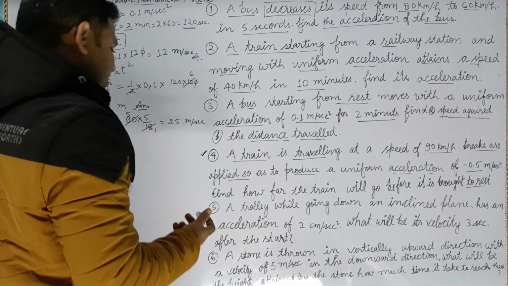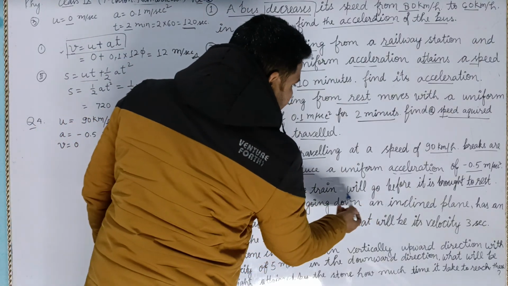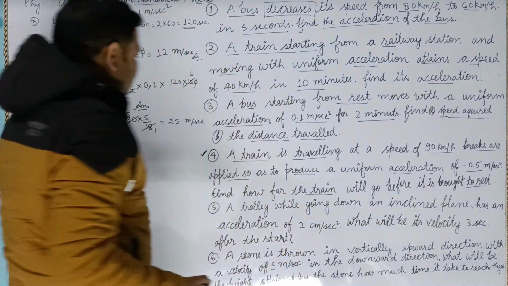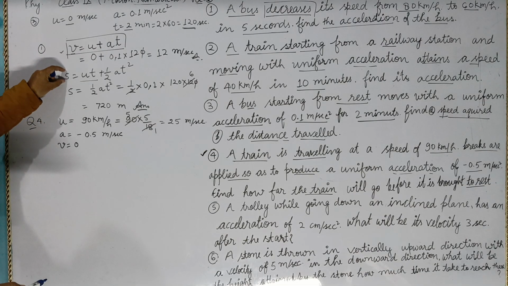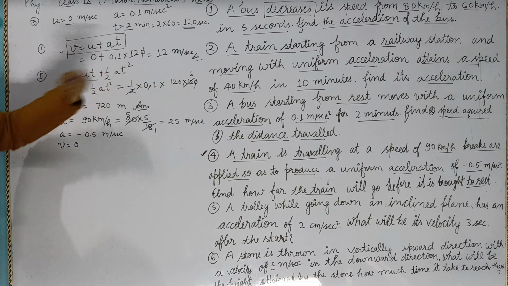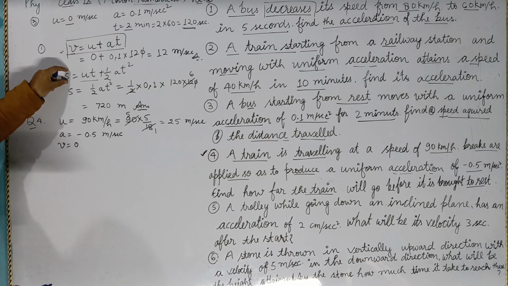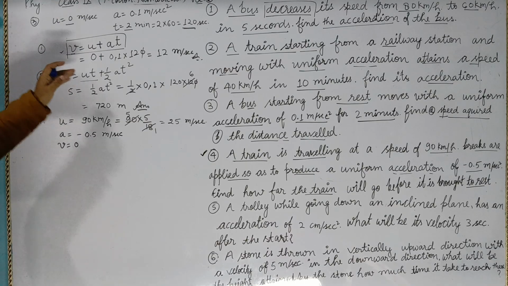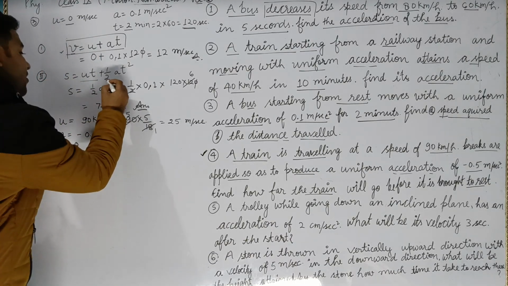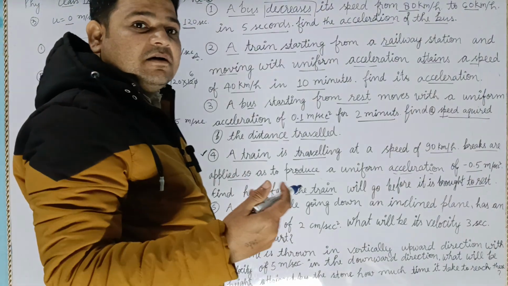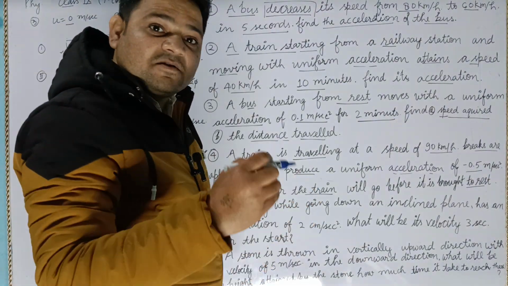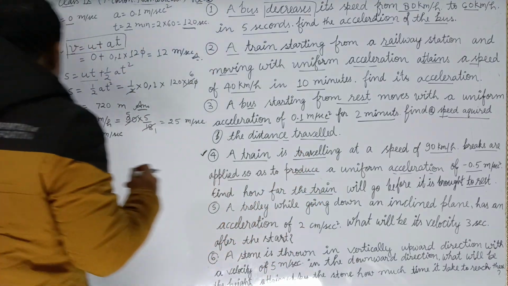Find how far the train will go before it stops. We have to find the distance covered by the train. S equal to ut plus half at square, we cannot apply this formula because time is not given here. We know another formula, that is the third equation of motion.